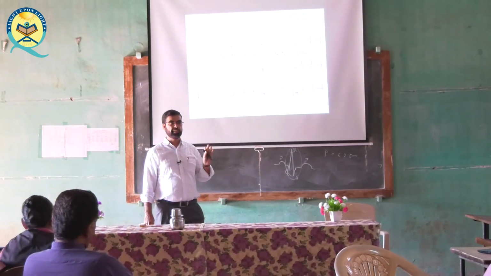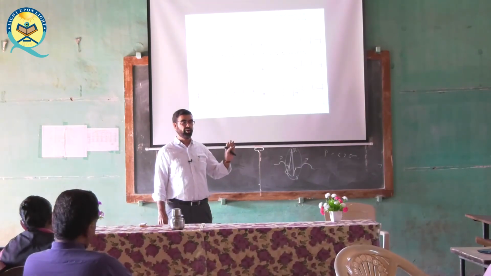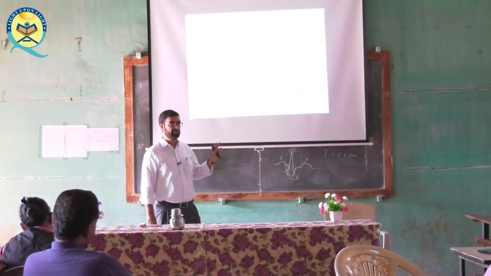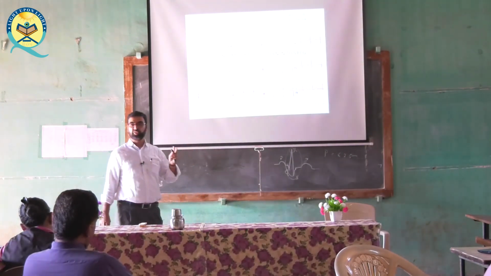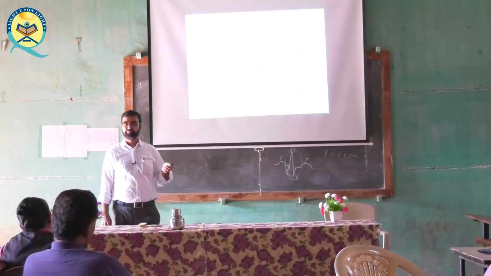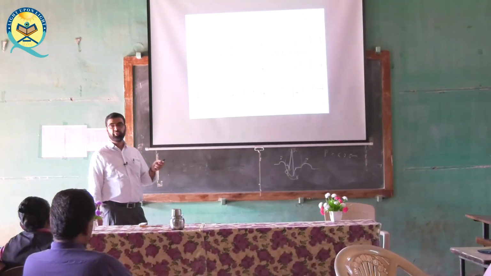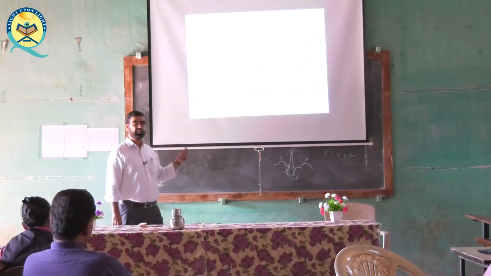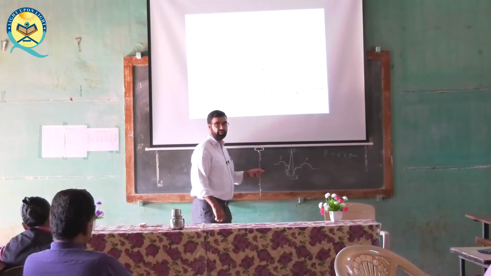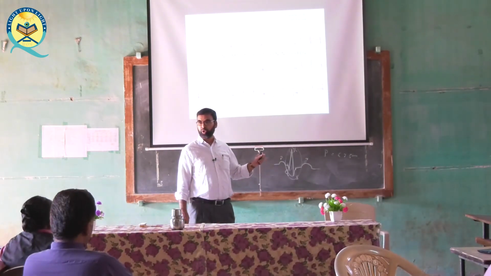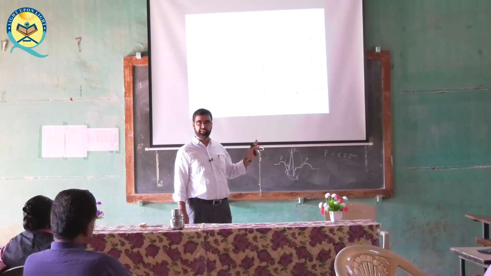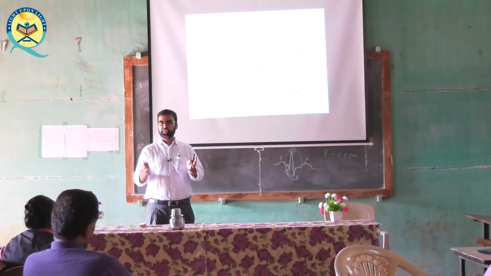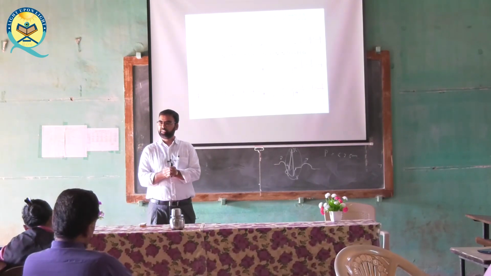Normal QRS complex is less than or equal to 0.12 second. कितना होना चाहिए? 0.12 second means how much millimeter? 3 millimeter. It should be less than 3 millimeter, 0.12 second. Got it? If it is wide, it is abnormal. If it is short, it is abnormal.